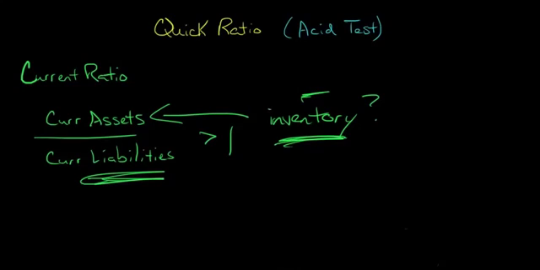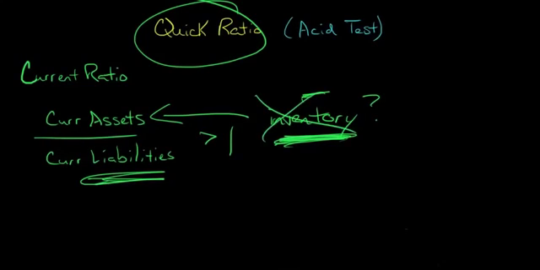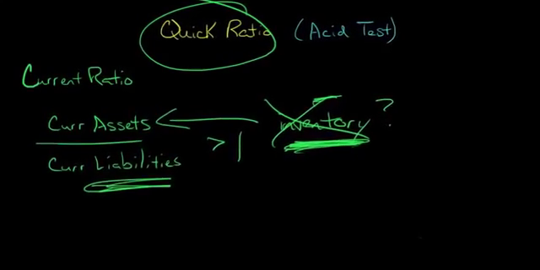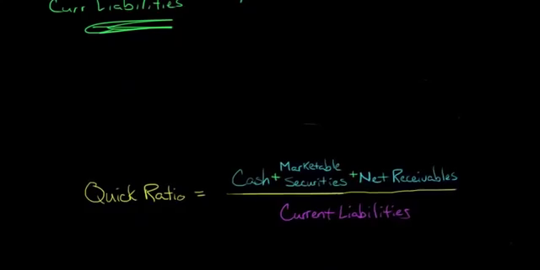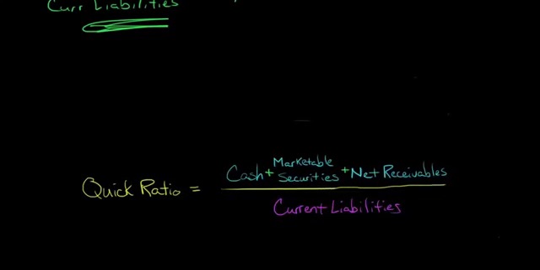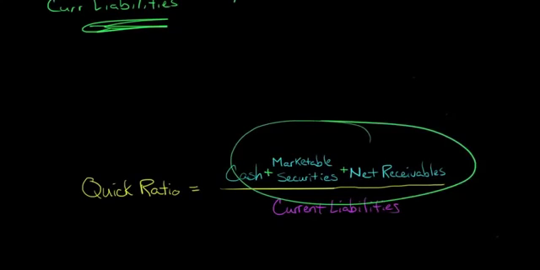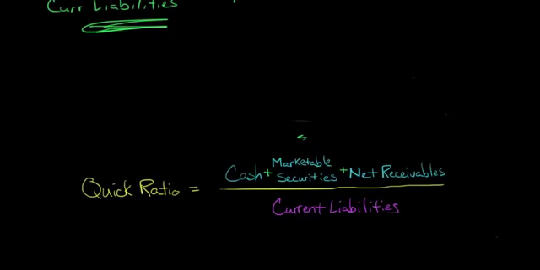And that's kind of why we need a quick ratio, otherwise known as the acid test ratio. Basically what we're doing is addressing this issue by just excluding inventory from the computation of current assets and computing a new ratio. So when we compute this quick ratio, we can think of it in terms of current assets minus inventory, or we can think about it in terms of cash plus marketable securities plus net receivables.